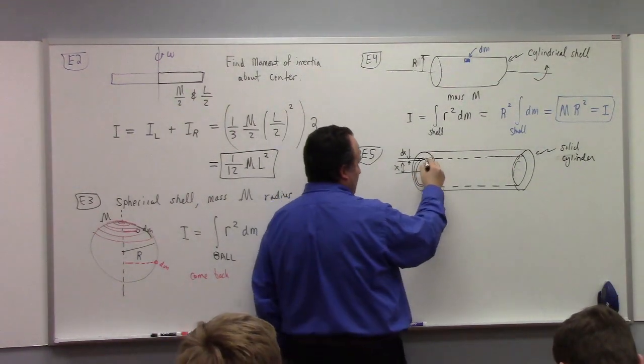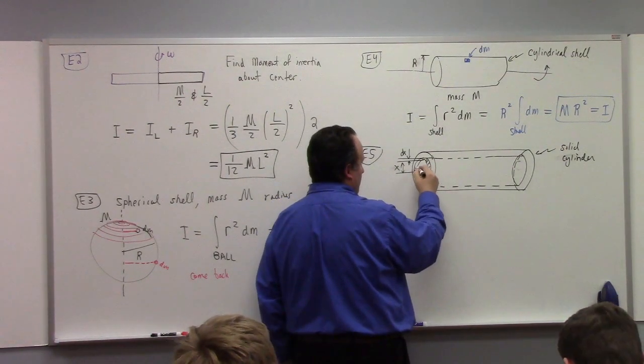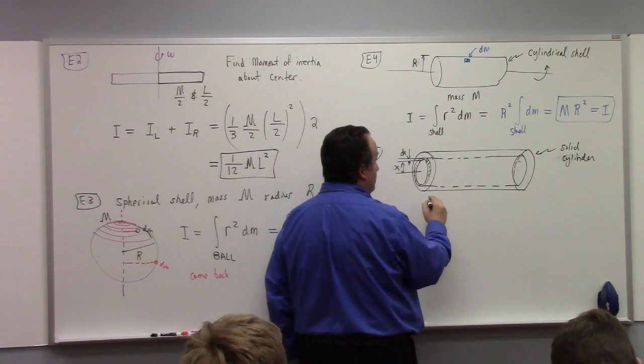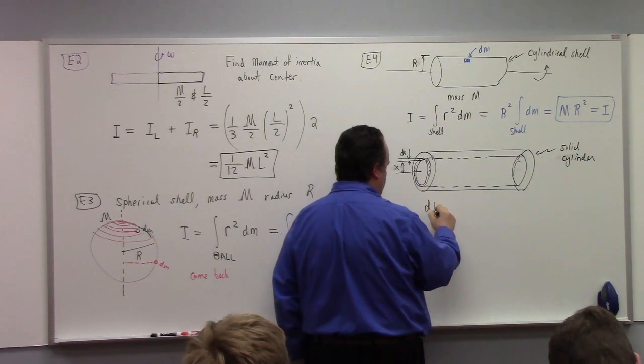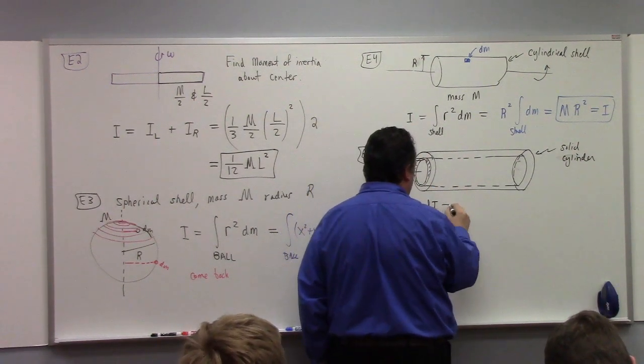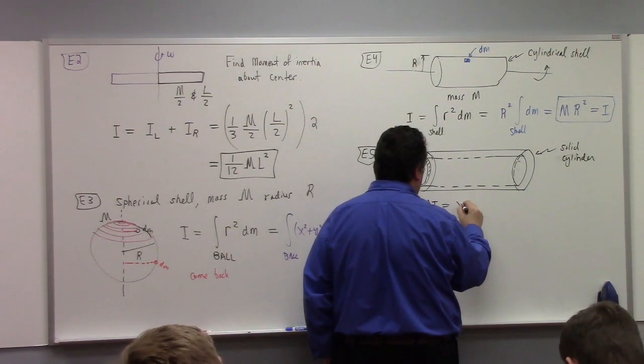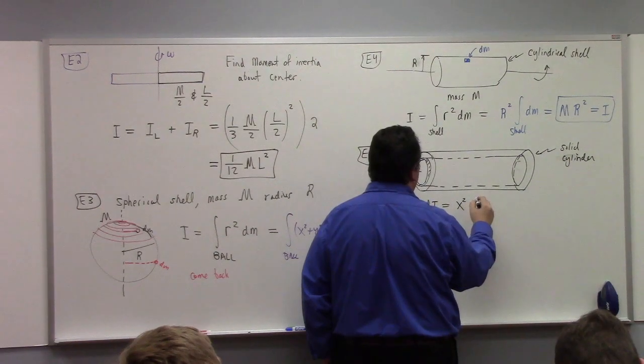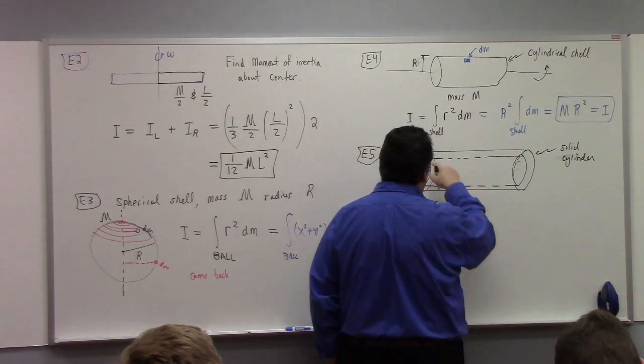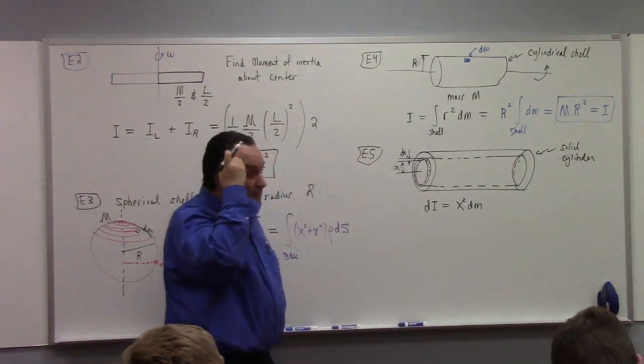So if you just look at this shell, the moment of inertia, the dI for that one shell, would be x squared times dm, right? But how do you figure out what dm is for a shell?